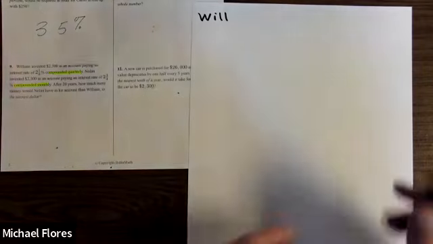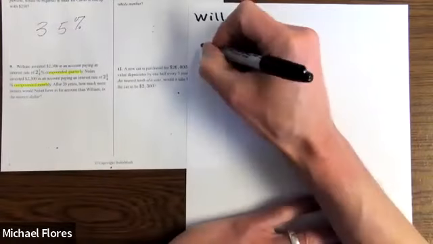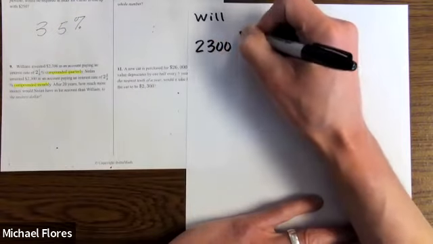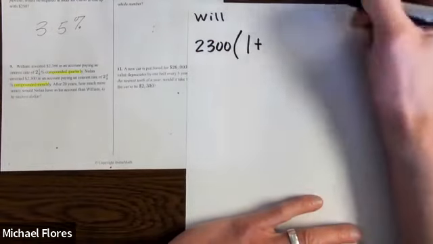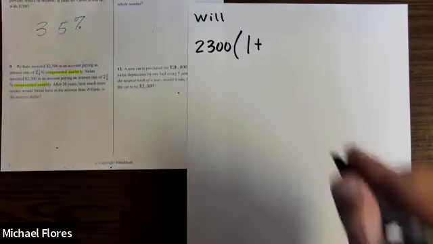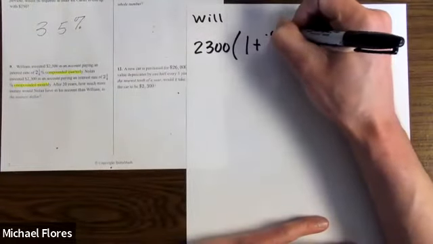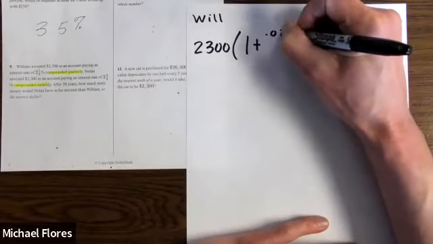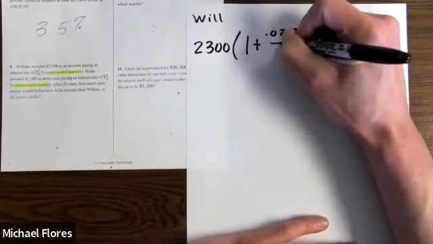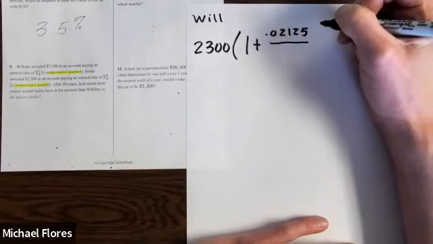So let's start with Will. He's investing $2,300. Now, I already gave you that percentage a little bit earlier for Will. If we convert that to a decimal, it would be 0.02125 over the amount of time for compounding.